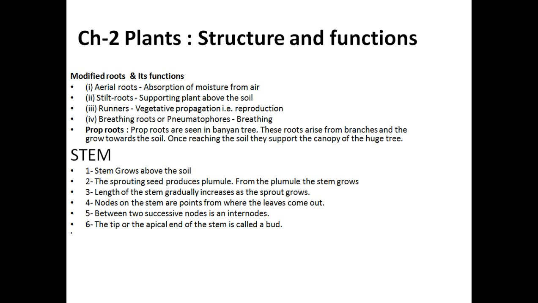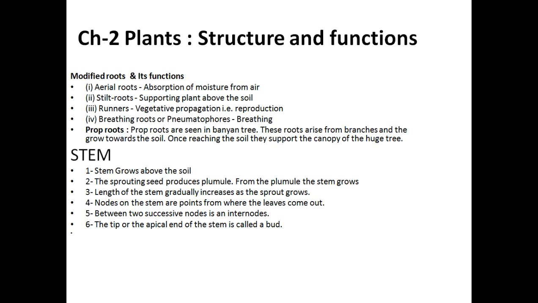Stilt root: supporting plant above the soil. You will see one root which is not properly embedded in the soil, but it is above the soil, but yes, it helps to hold the plant to the soil. Sometimes you will see most of the extra roots come out of the plant, that is called stilt roots.